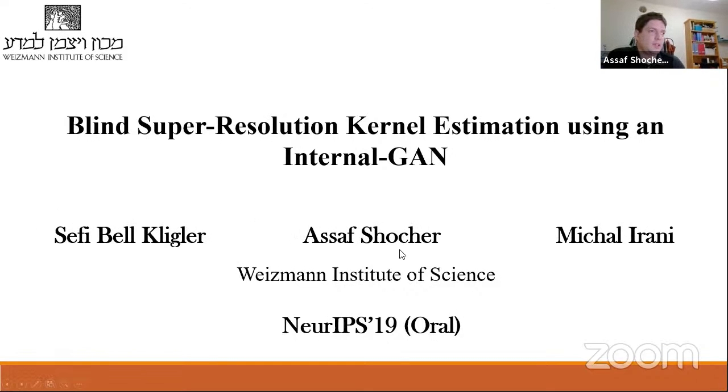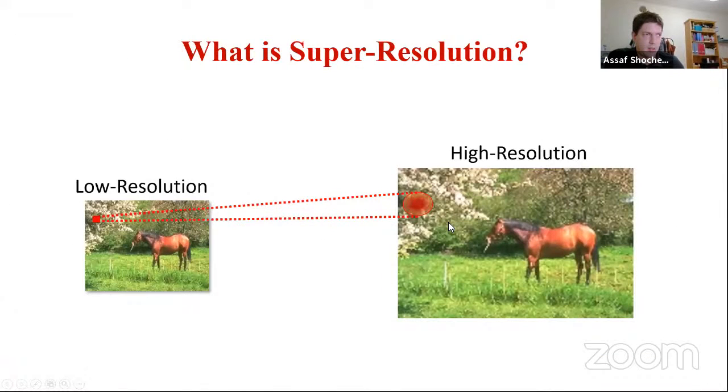We were hoping to combine the approaches that we are now aware of. So we know about internal GANs, and we know about internal learning and super resolution, and we are asking ourselves, can we use an internal GAN to estimate the kernel for super resolution?